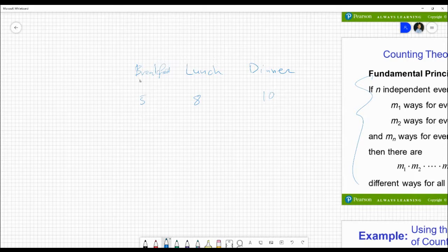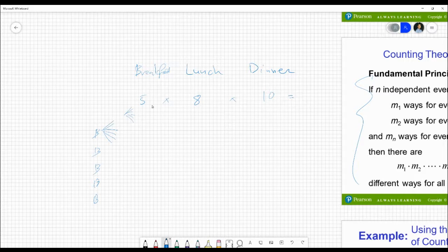If you think about the tree diagram, here's the breakfast. You can have 5 different breakfasts, and then from there you stem 8, and from there you stem 10 more. The quick way of doing this is to multiply all of the individual choices. That will give you your total number of the sample space.